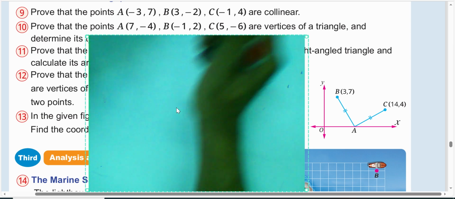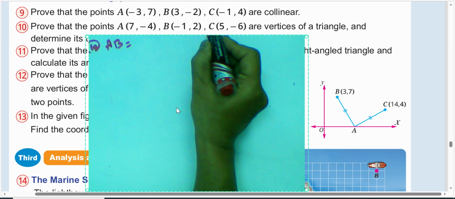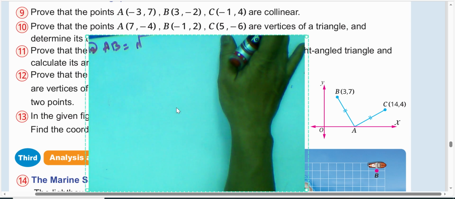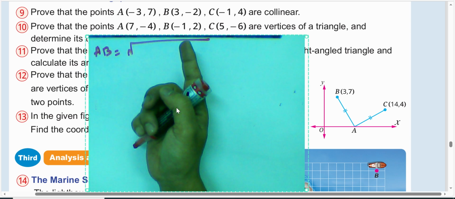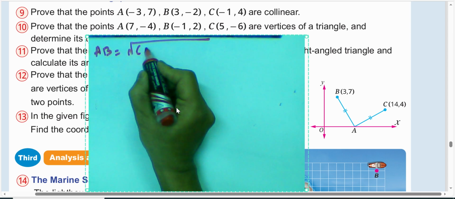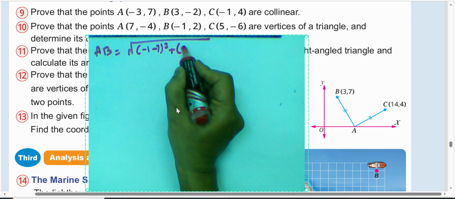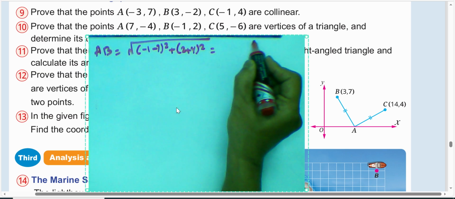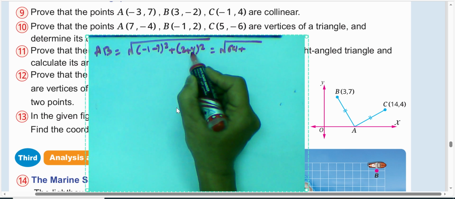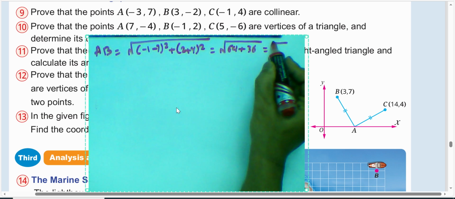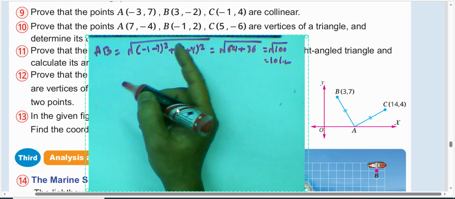Pay attention with me. -1 minus 7, all to the power 2, plus 2 minus -4, it will be 2 plus 4 to the power 2. The square root of -8 squared, which is 64, plus 6 squared, which is 36. We find the result will be 10 length units. That's AB. And then BC.